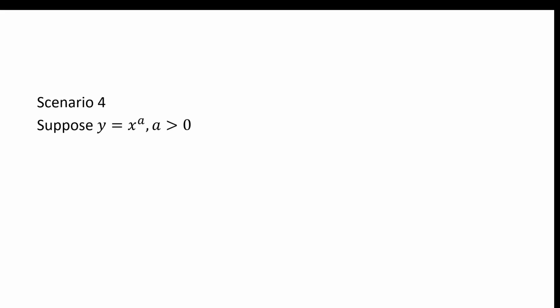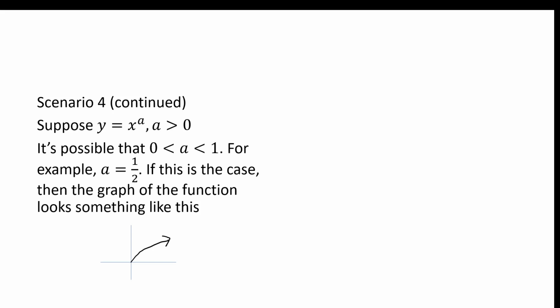Okay? Let's switch our attention, though, now to polynomial functions. So we won't talk about exponentials here, but we'll talk about polynomial functions like x squared, x cubed, etc. Suppose we have the function y equals x to the a, and a is greater than 0. It's possible a is in between 0 and 1, so an example would be x to the 1/2 or x to the 1/3, something like that.